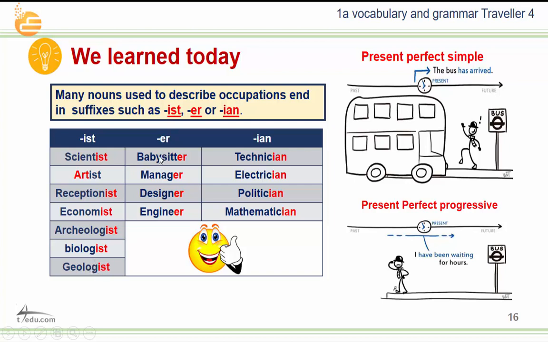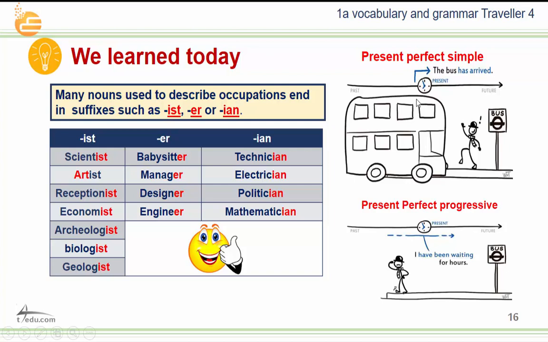Also we talked about occupations ending in er like babysitter, manager, designer, engineer, and occupations ending in suffix ian like technician, electrician, politician, and mathematician. And in the grammar section, we talked about present perfect simple.